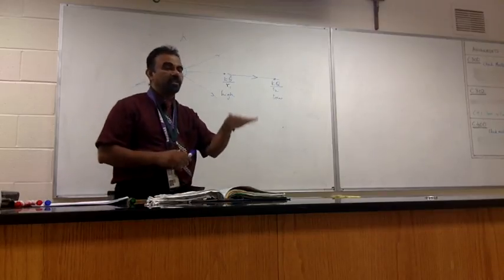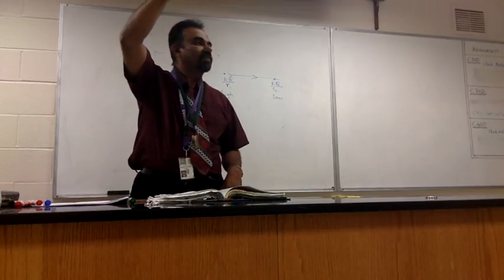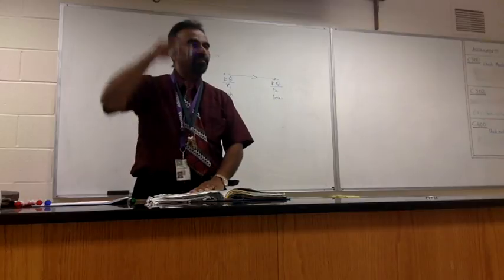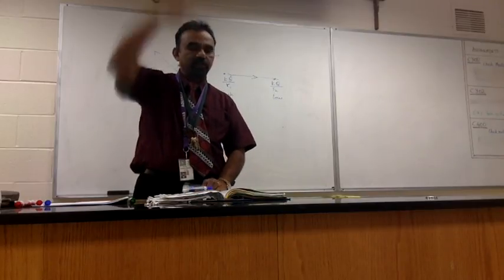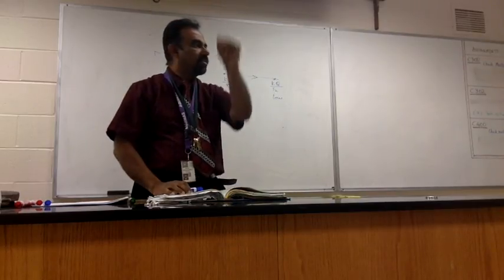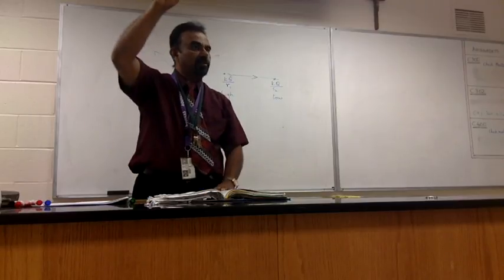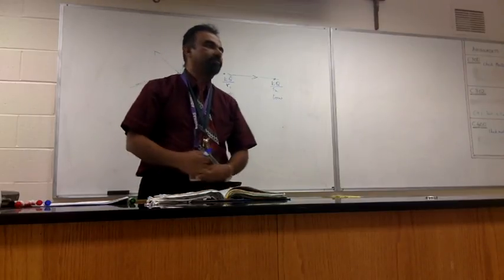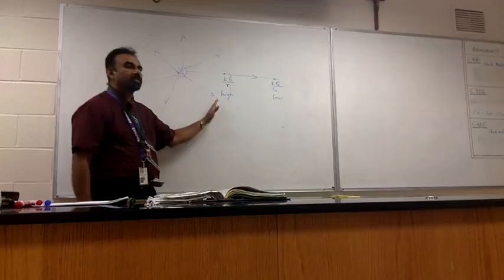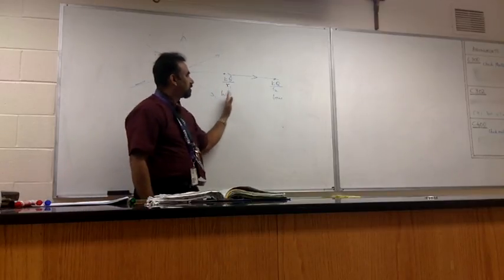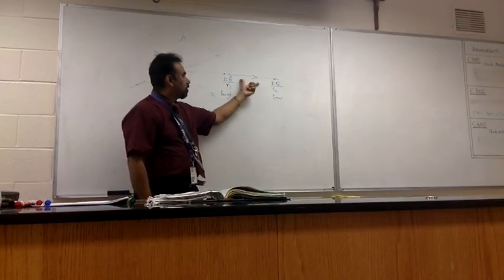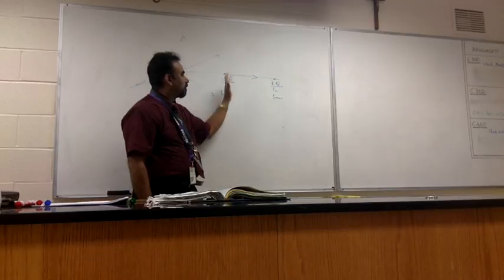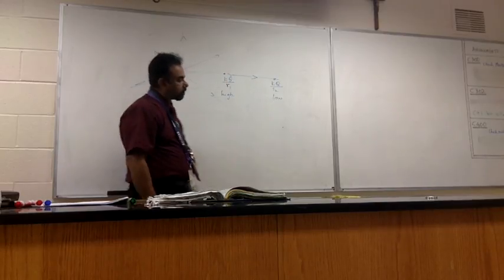See, gravitational potential is higher here and lower here. And which way is the gravitational field line? Right? Gravitational field lines are going from higher potential to a lower potential. The same way as the electric potentials goes from higher potential to lower potential. So there's always electric field from a higher potential to lower potential.